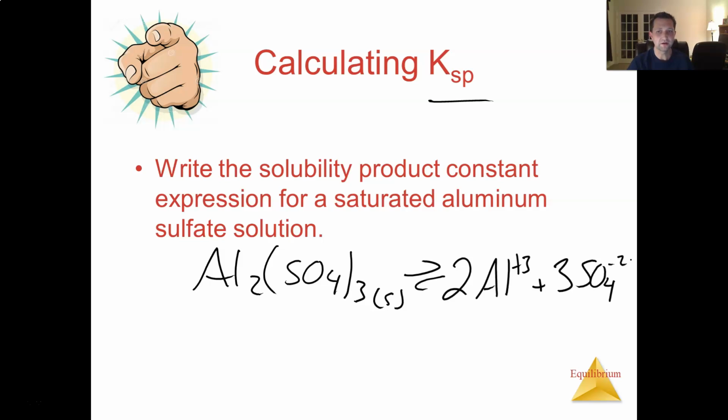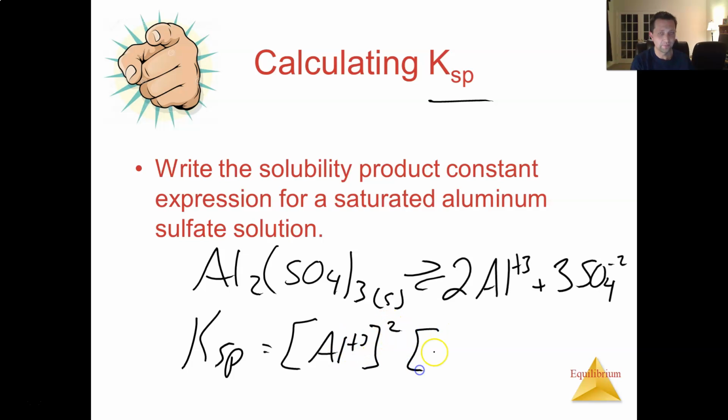So we want to write our Ksp expression. Ksp equals the concentration of aluminum squared times the concentration of sulfate, minus 2, cubed. That's it. Notice how the solid is not in our answer. It's a solid that is never showing up in Ksp expressions.